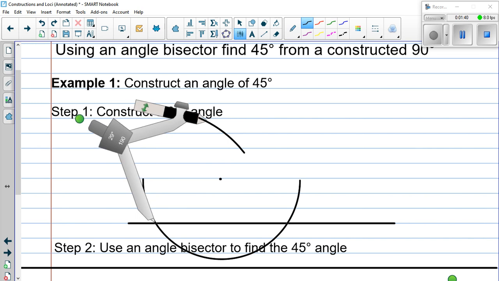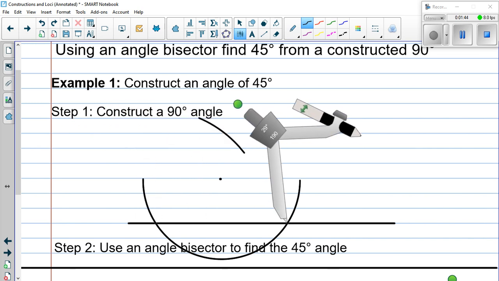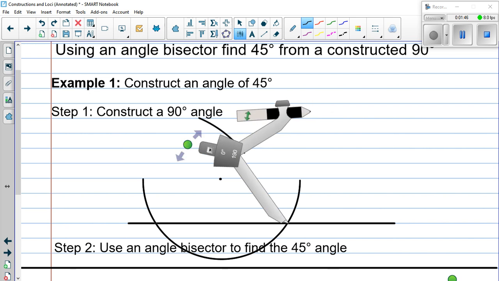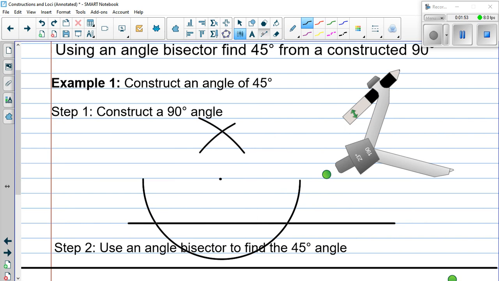So, there we go. So our first place is right there, we have an arc. Now we're going to move it over, and we're going to find where we can draw our second arc, where they intersect. Okay? So, we finish off creating our right angle by connecting that intersection and our point down to our line. Right?